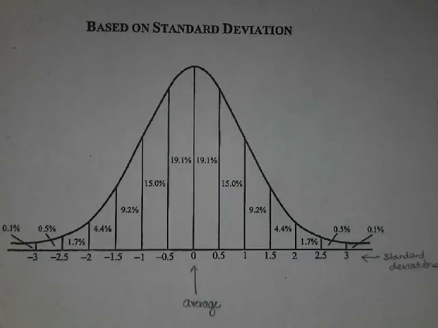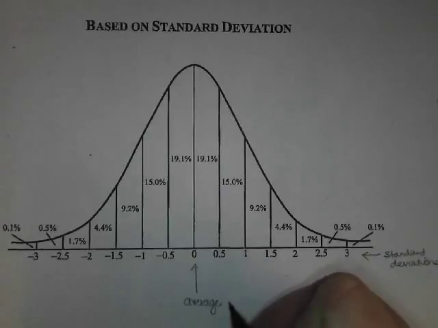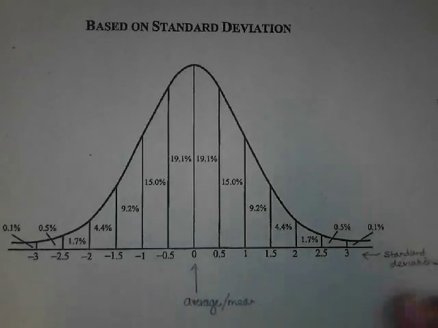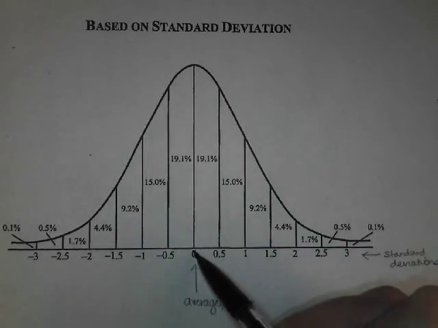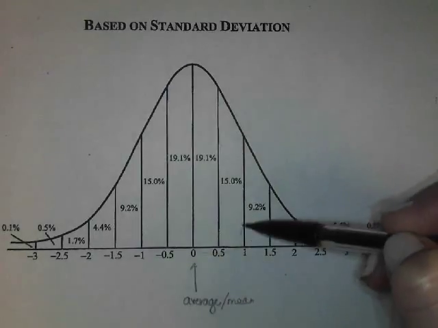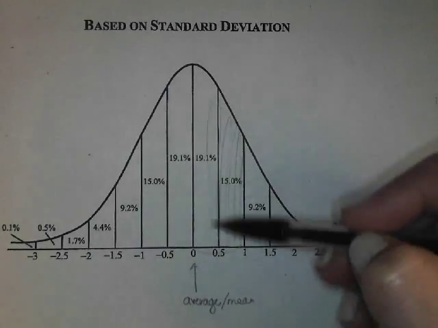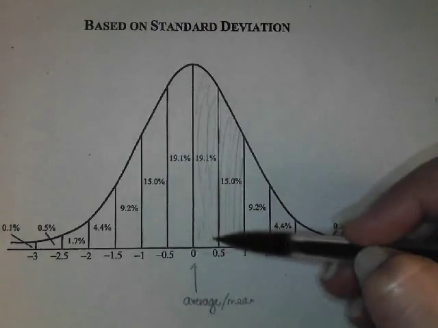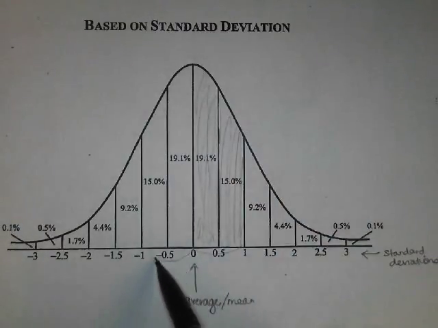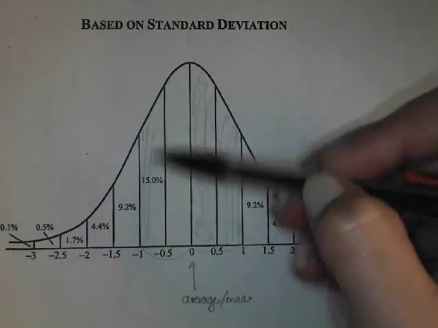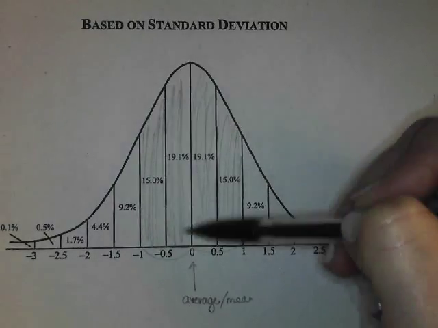But we talked yesterday about being one standard deviation away from your average. I'm going to put average / mean. So if I'm one standard deviation away, that could be up to here. I'm going to lightly shade that in. And one standard deviation below is right there.